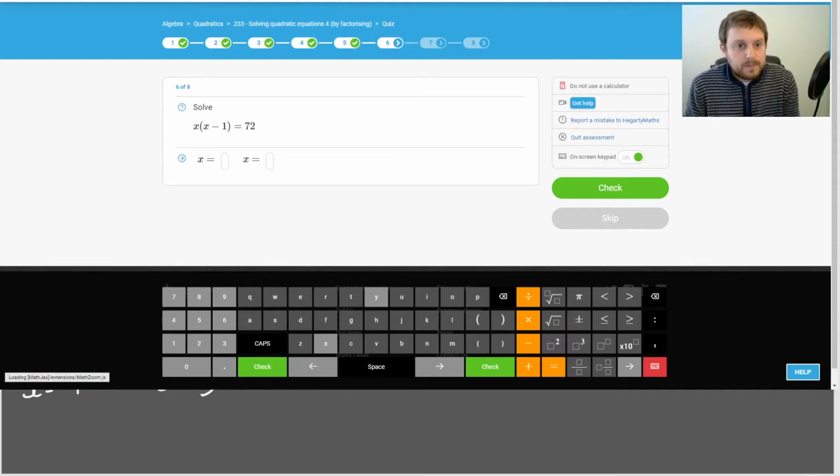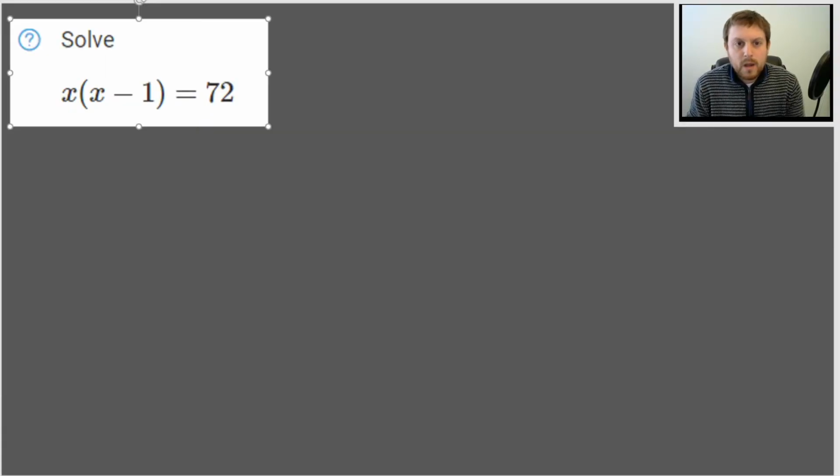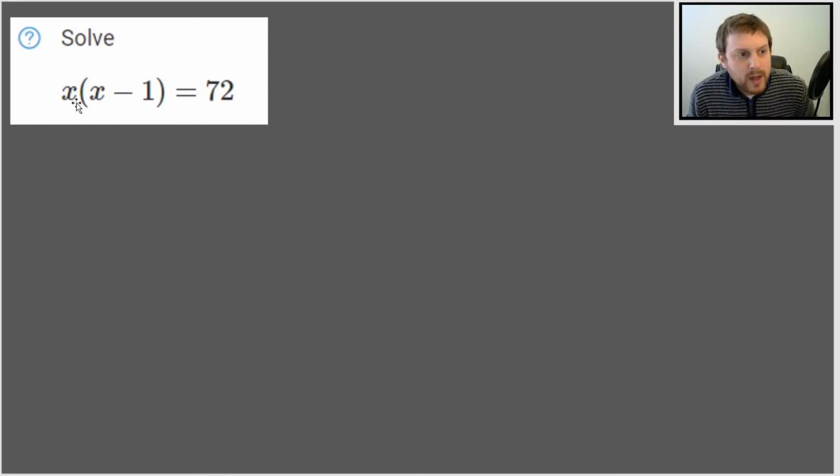Okay, next one. Okay, so again, we could probably observe. I mean, this looks like 9 times 8, so x is 9 is going to be a solution. But let's actually use the proper method. Okay, so I'm going to expand out and collect everything to make it equal 0.